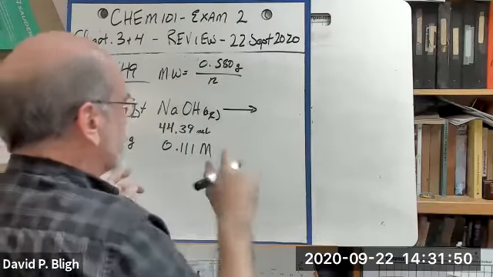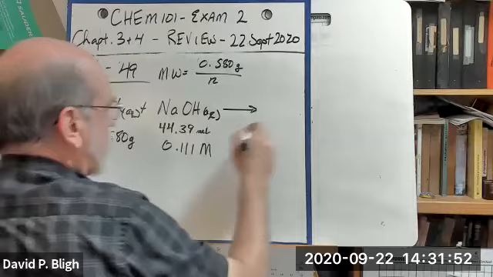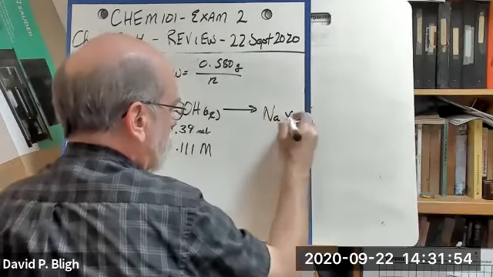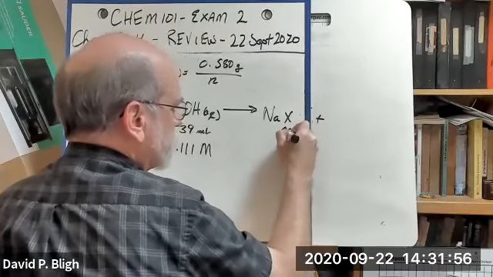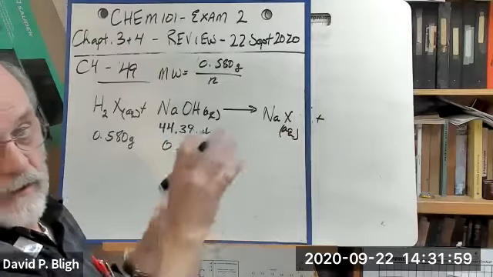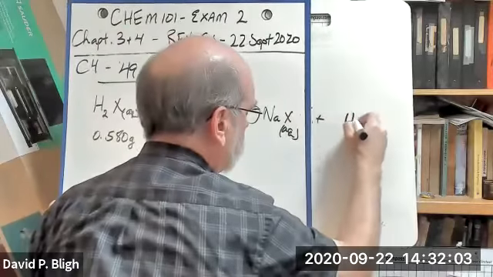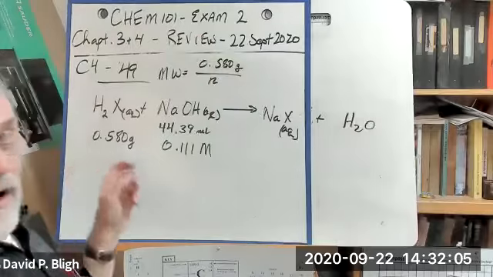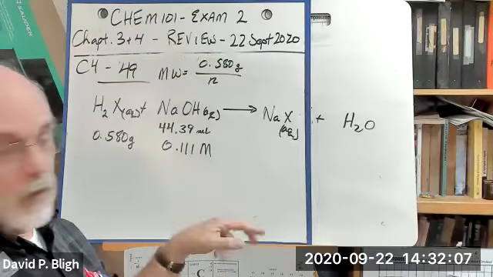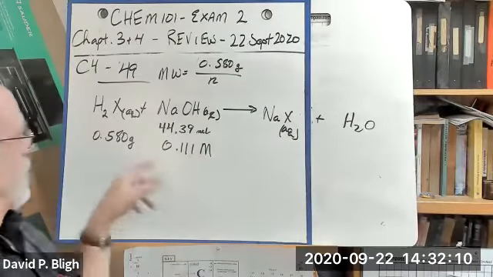So what do we got on this side? We have sodium and X, and that's still in solution because all sodium salts are soluble. And then we have water. All acid-base reactions produce a salt and water. This is the salt, there's the water. What's the ratio?